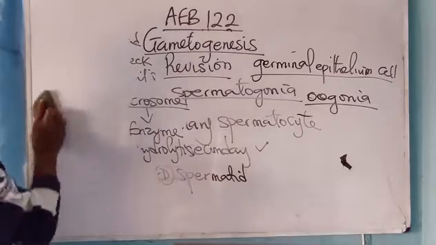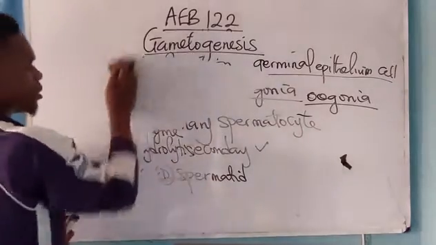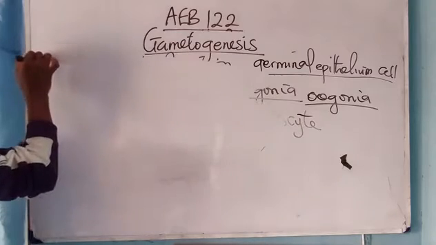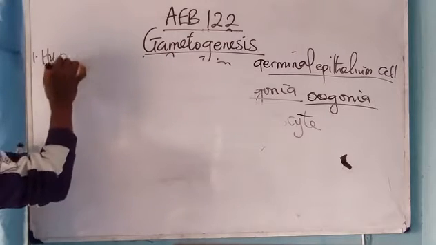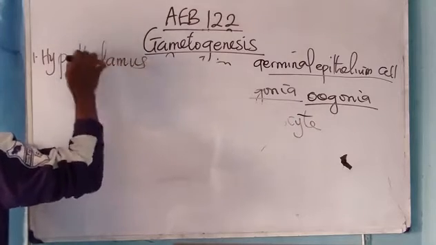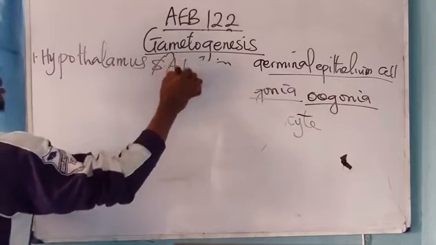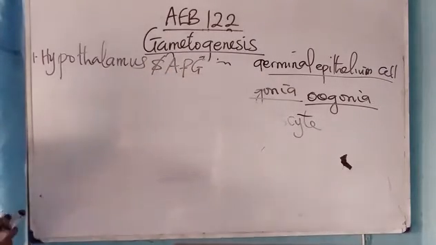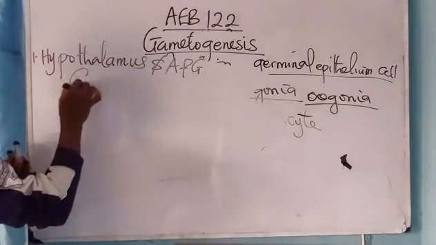Now, there are two hormones that control spermatogenesis. We have the hypothalamus and the anterior pituitary gland. The hypothalamus will produce what?